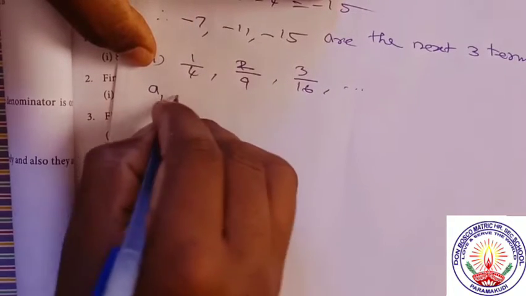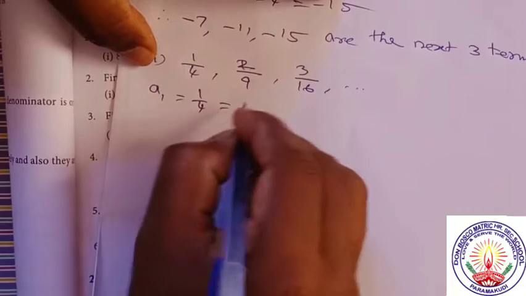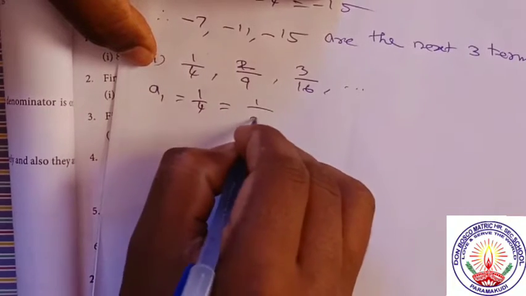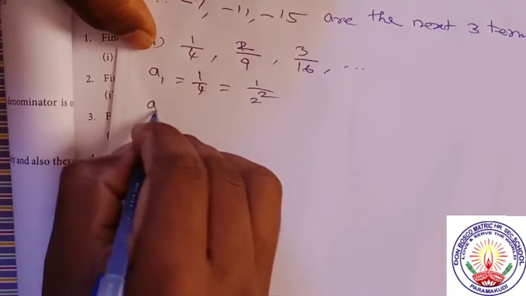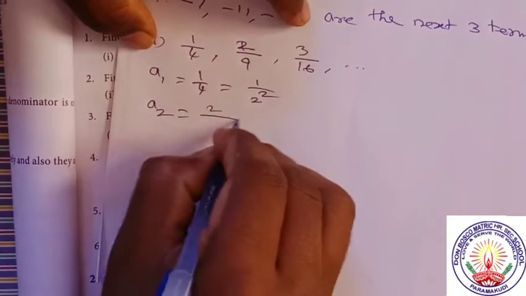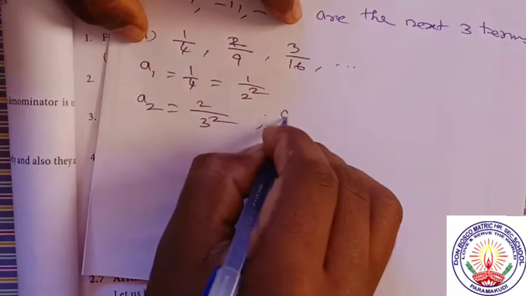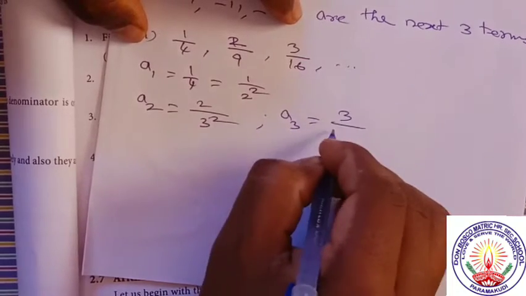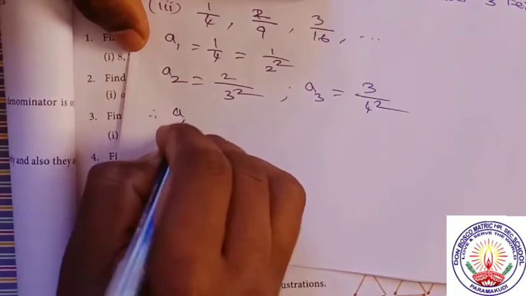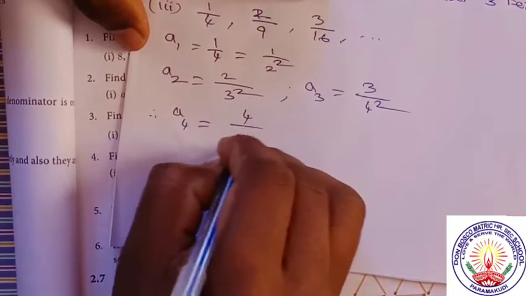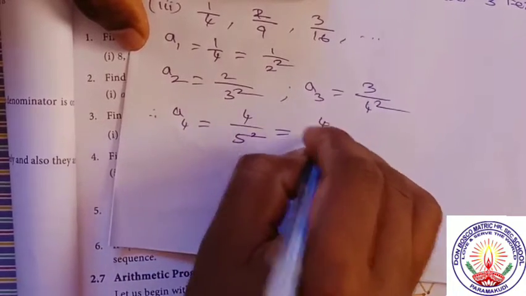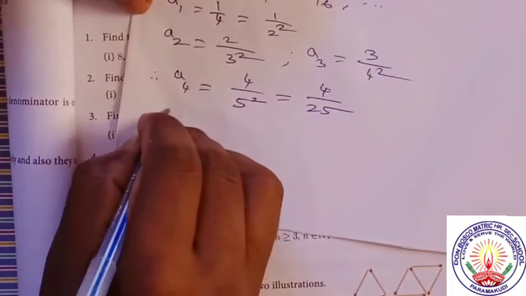So A1, 1 by 4, is equal to 1 divided by 2 square, A2 is 2 divided by 3 square, A3 is 3 divided by 4 square. Therefore we can observe A4 is equal to 4 divided by 5 square, so answer 4 by 25.